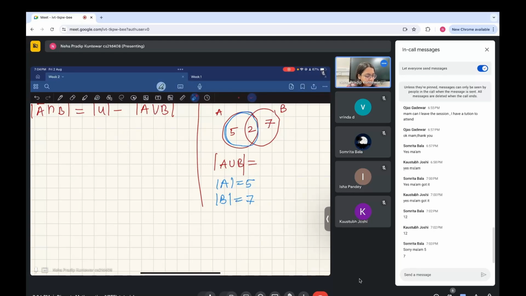My claim is that the answer is 10, which does not match any of the answers in the chart. So we'll justify this with an even simpler example.